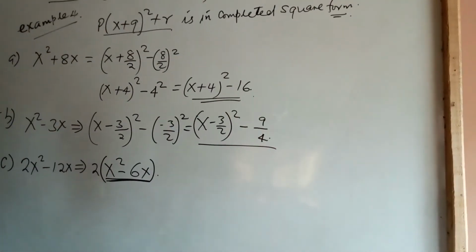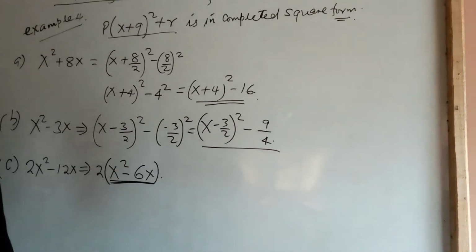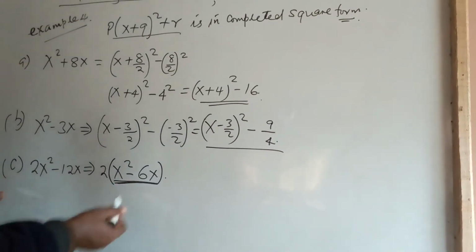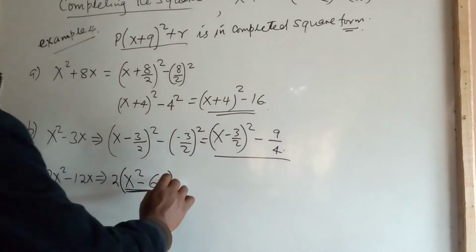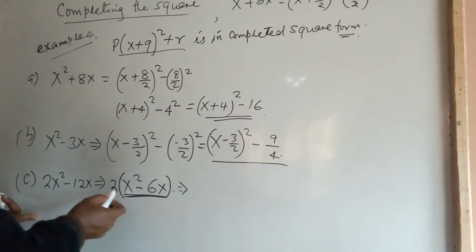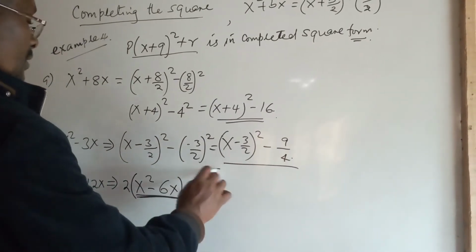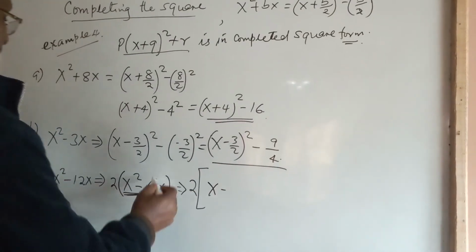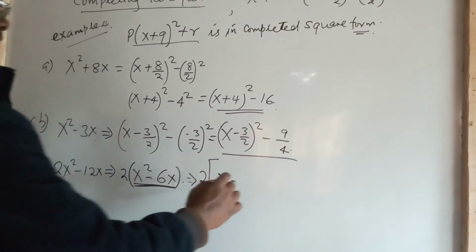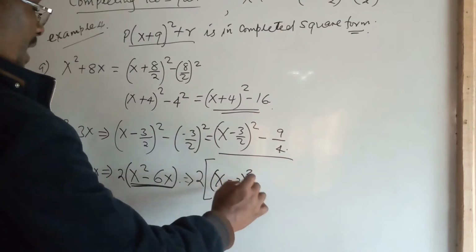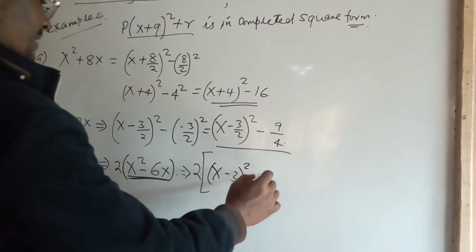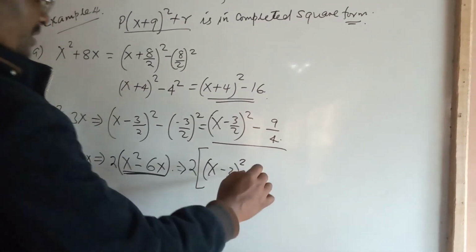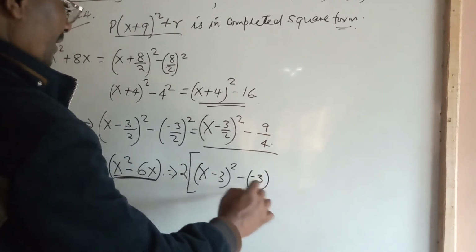That means we can now complete the square of the bracketed part, but bear in mind that there is a 2 outside. So 2, open a main bracket, (x minus 6 over 2, which is 3) squared minus (negative 6 over 2, which is negative 3) squared.